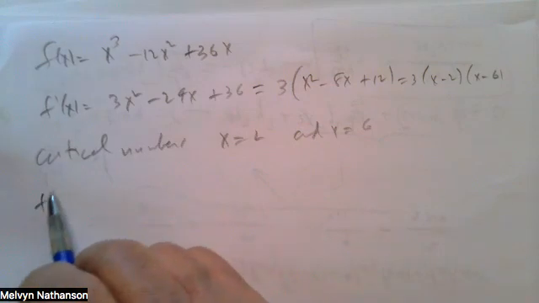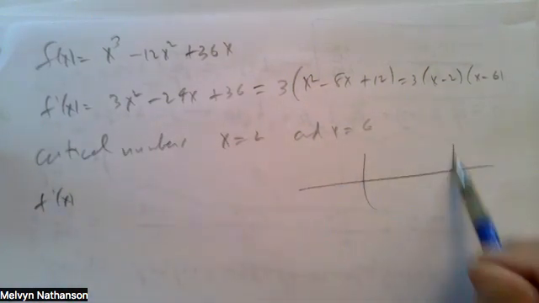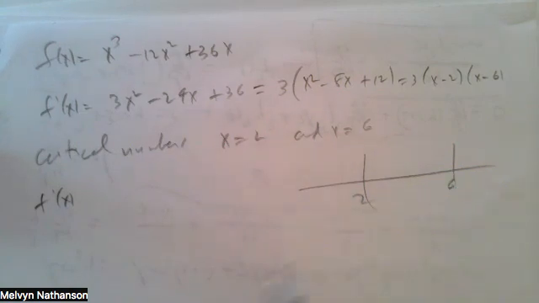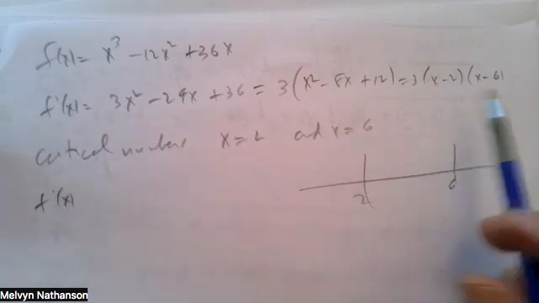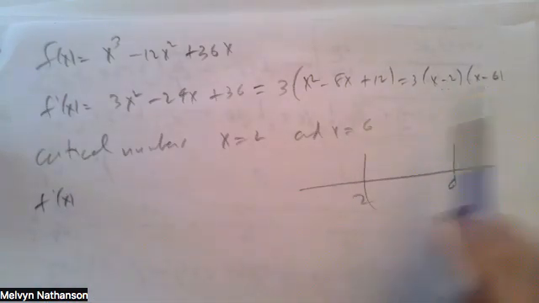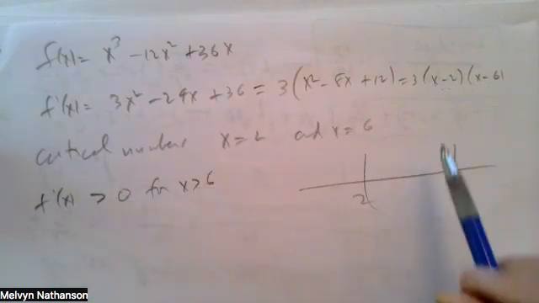And if you look at f prime of x, we're interested in the regions where this function is increasing and decreasing. That's where the derivative is positive or negative. So f prime of x, if x is bigger than 6, these are both positive. So this is greater than 0 for x bigger than 6.